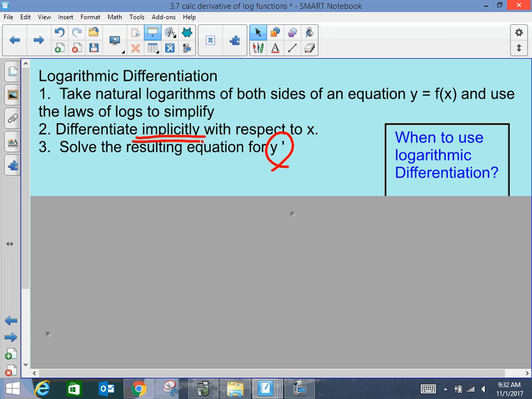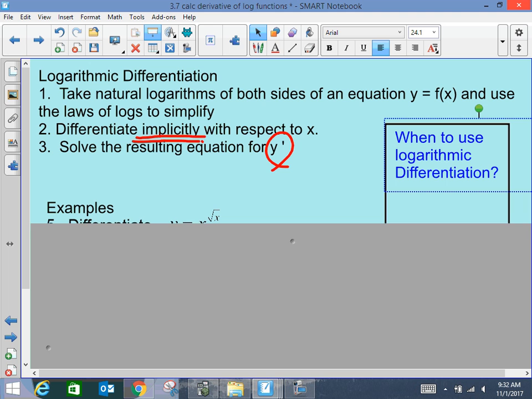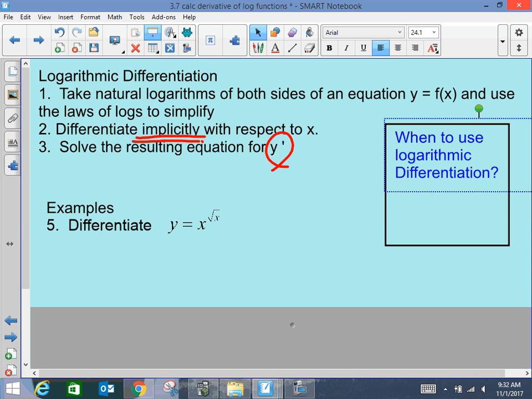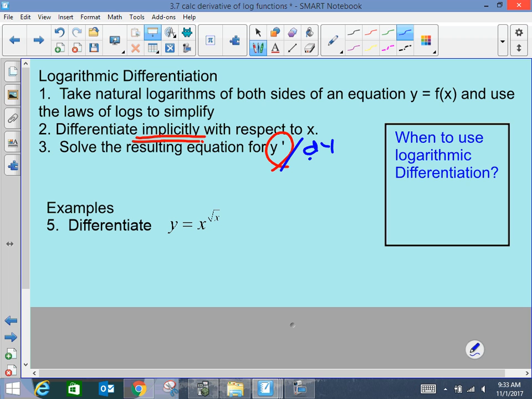All right. When do we use logarithmic differentiation? We have two instances, really. Yes, and that's what y prime is, dy/dx. Okay. When to use logarithmic differentiation?